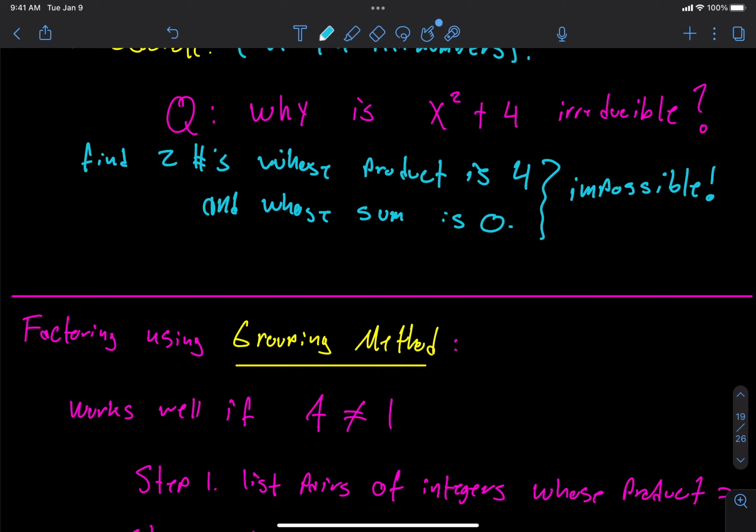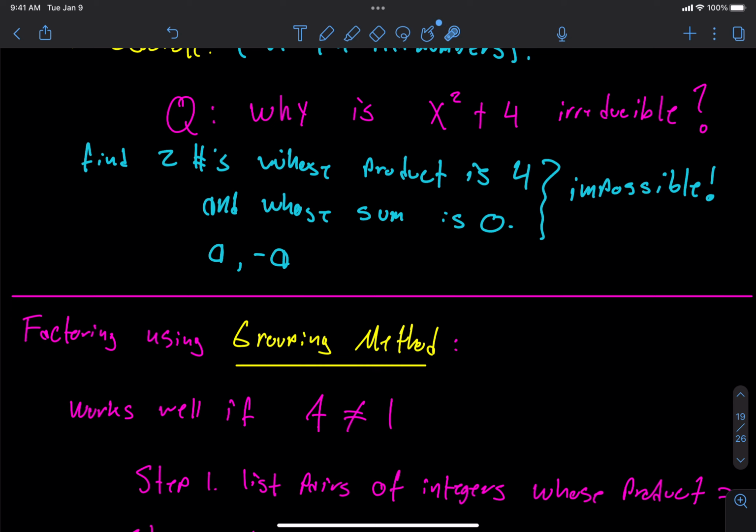If the sum of two numbers is 0, then one of them is positive and the other is negative, or else they were both 0. So the way that we can get two numbers to sum to 0 is if we had something like A and negative A. But if I multiply A with negative A, I'm going to get a negative number, and 4 is a positive number. So I can't take two numbers, add them up and get 0, and have their product be 4.